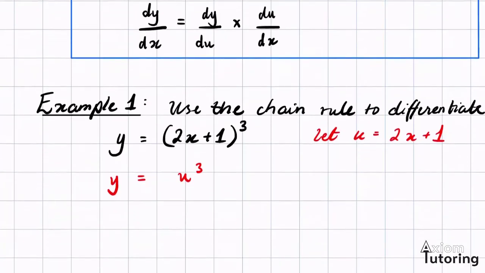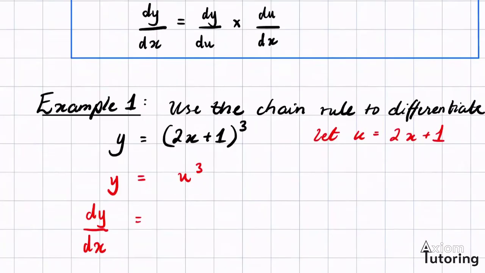So if we want to differentiate y, we want to do dy over dx, let's follow the chain rule. Let's first do dy by du. So let's differentiate our function y with respect to u. That's easy for us to do because we let u equal 2x plus 1 inside the brackets. So all we need to do now is differentiate this term u cubed with respect to u.